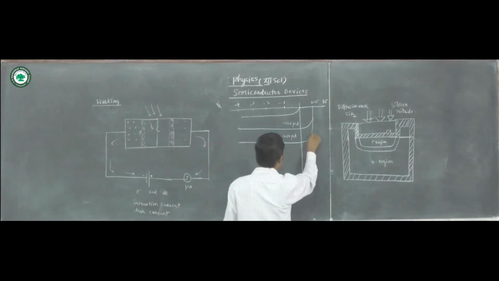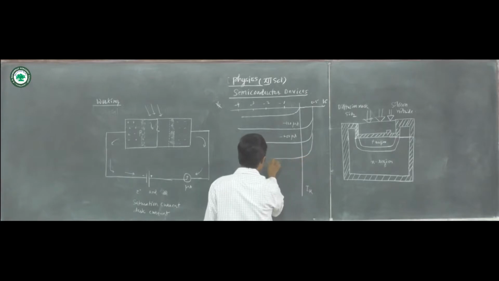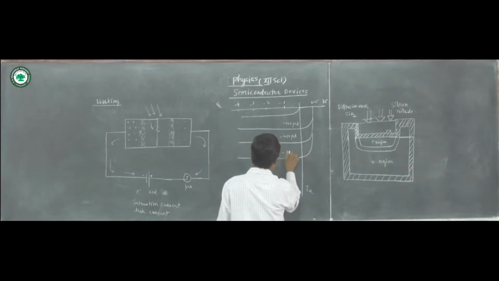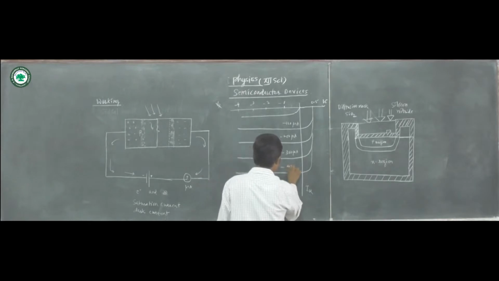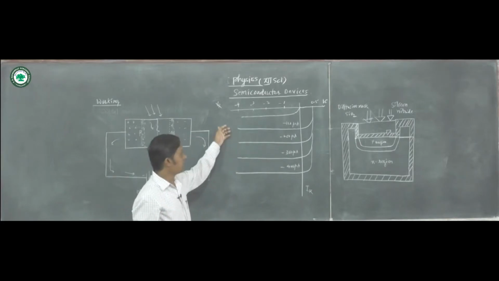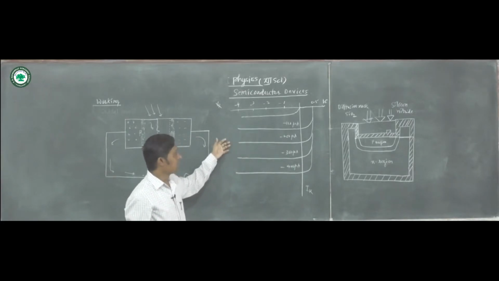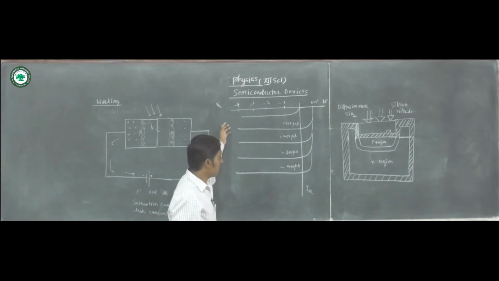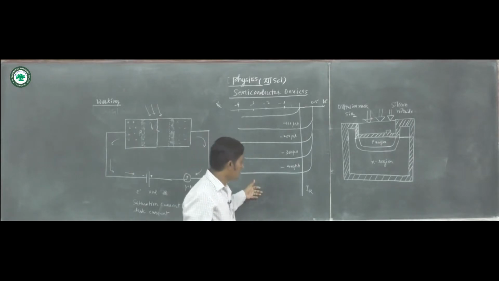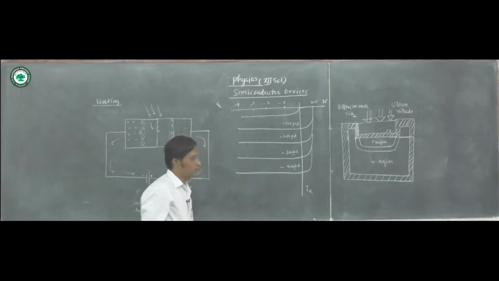Similarly, for different intensity, suppose we get the current 200 microampere, 300 microampere, and for this we get 400 microampere. This is the VI characteristic of the photodiode for different values of the reverse voltages. The current which we get through the photodiode is constant, which is known as the stationary current.